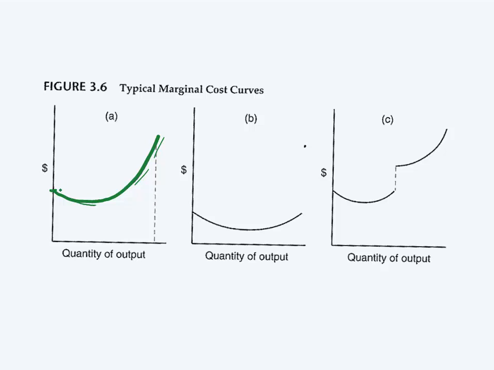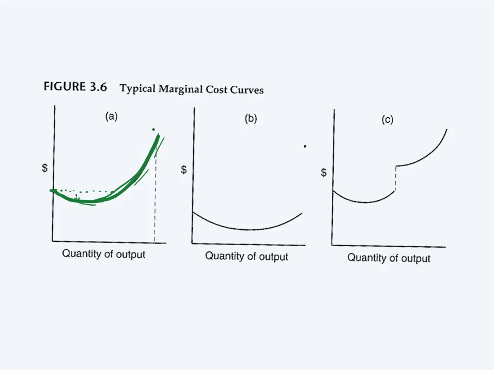Then if you start to utilize a little bit more, your cost goes down because there's a lot of capacity left to use. But as you get nearer to your factory capacity, then cost goes up drastically because you have to employ more people, run extra hours, etc. So this is just the reason for this curve.